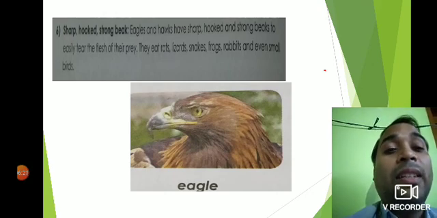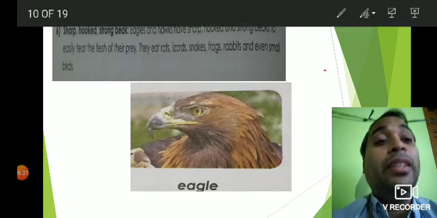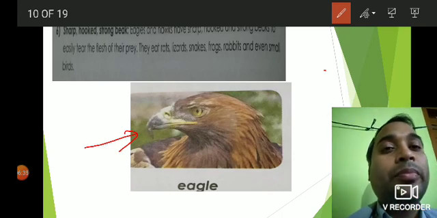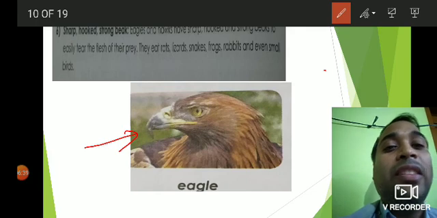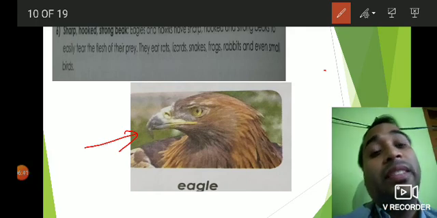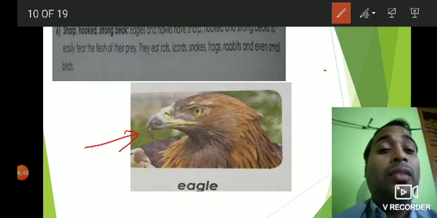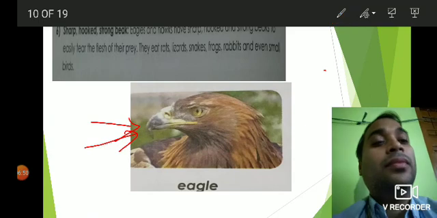So they need to tear the flesh, and this type of beak helps them do that. As you can see, once again it is hook shaped. They eat rats, lizards, snakes, frogs, rabbits and even small birds. Since they mainly rely on flesh, they need to tear it, and so they have this type of beak.